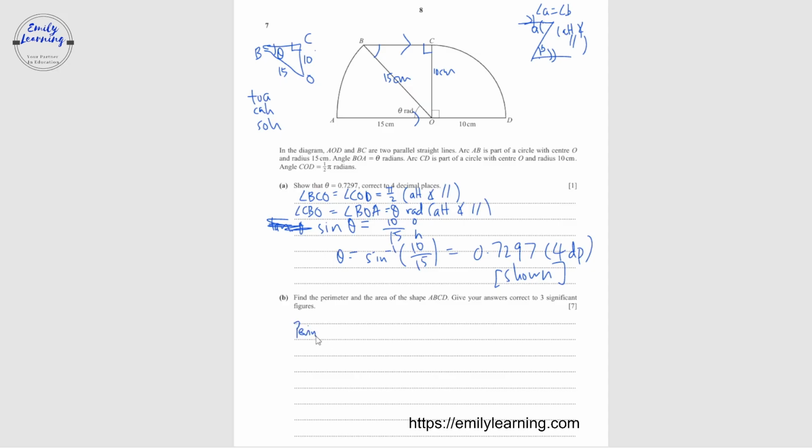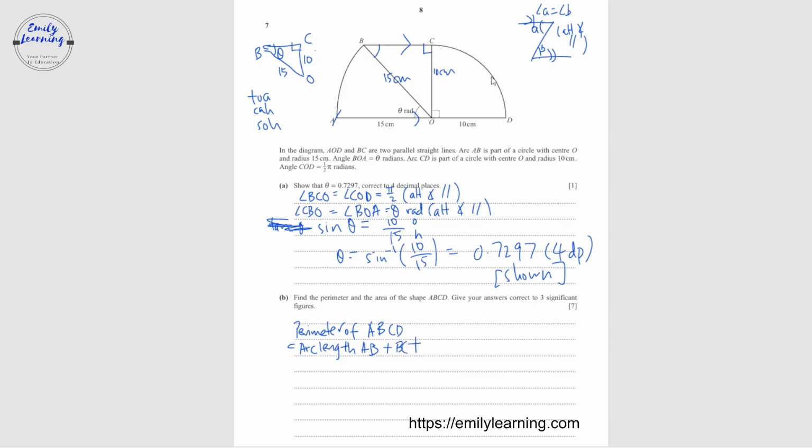Perimeter of ABCD is equal to arc length of AB, plus, let's start from here, then I want to move in a clockwise direction, followed by length of BC.